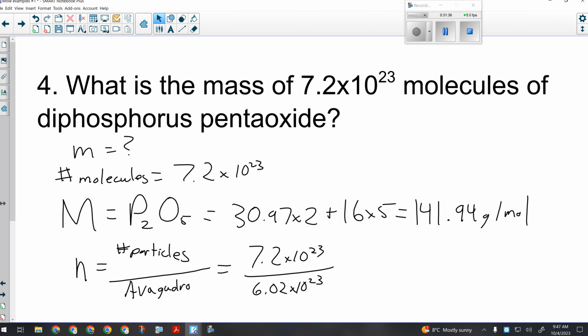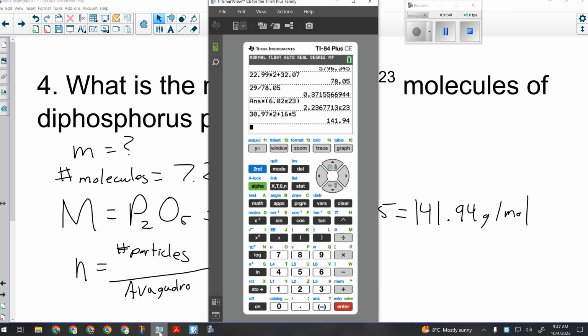It'll still come out to the same answer. So I will show it with everything in. So 7.2 E23, divided by 6.02 E23. Not times, I want a dividing symbol in there. Okay, so I'm getting 1.196 moles.